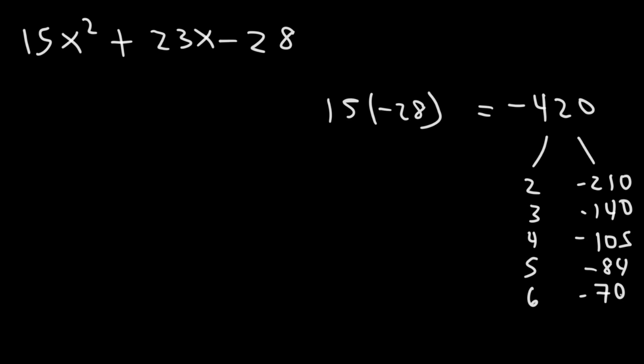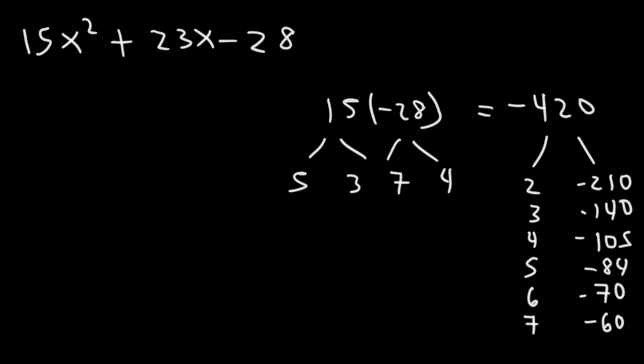Now, what's the next number that we should choose? If you're ever unsure, factor these numbers. 15 is 5 times 3, so 3 and 5 go into 420. 28 is 7 times 4, so 7 is another number that we can choose. So this is going to be negative 60.